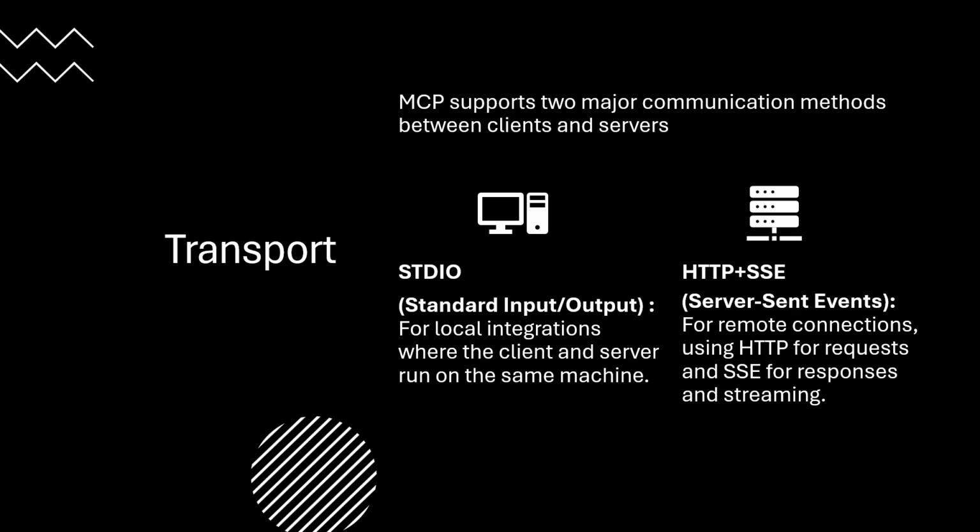Then we have the HTTP plus server-sent events format, where we allow clients to be connected to servers through HTTP instead of running locally on our machines. This allows us to set up servers for others as well, which they can use for themselves.